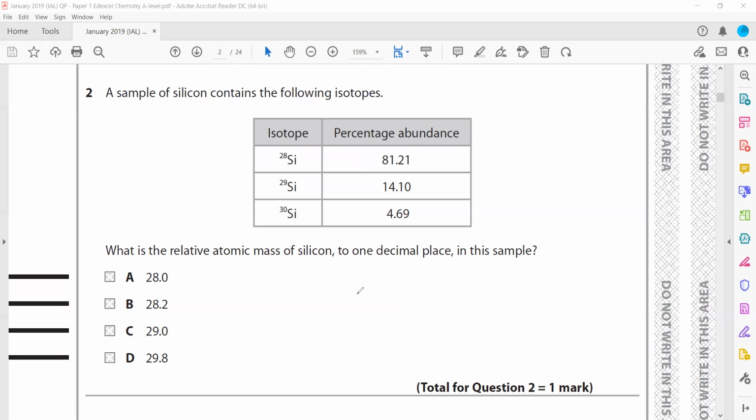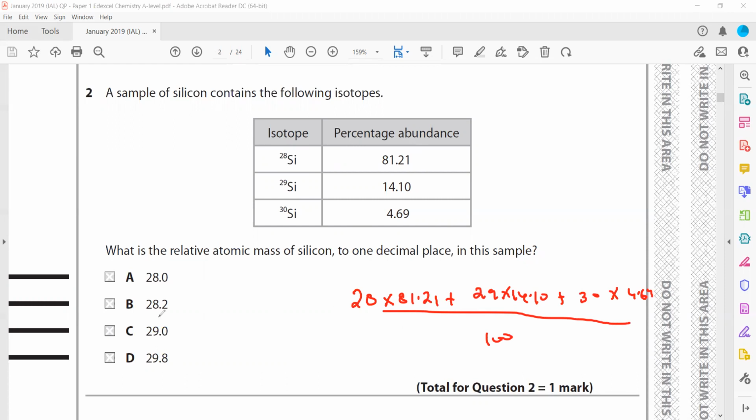Percentage multiplied by mass: 28 multiplied by 81.21, plus 29 multiplied by 14.10, plus the percentage and the mass of the last one, and then divided by the total sum of the percentages, because the total should be 100. So it is divided by 100. The answer will be 28.2. So B will be the right answer for this.